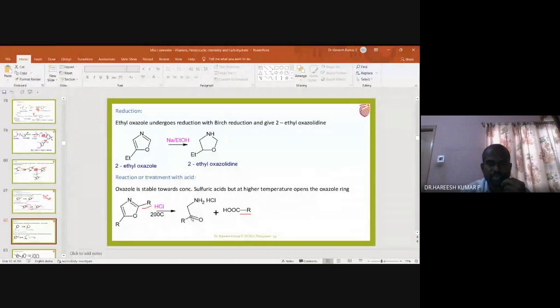So this is a functional group. This position is called alpha. So that means alpha amino ketones. So is there any doubt in reduction as well as the treatment with acid? Hello? Is there any doubt in reduction as well as treatment with acid?